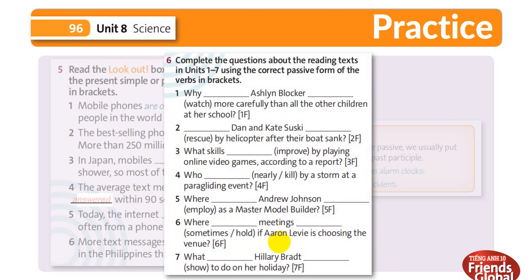Now, in task 6, you complete the question about the reading task in units 1 to 7 using the correct passive form of the verb. You have maybe 3 minutes to complete it and check the answer with me.